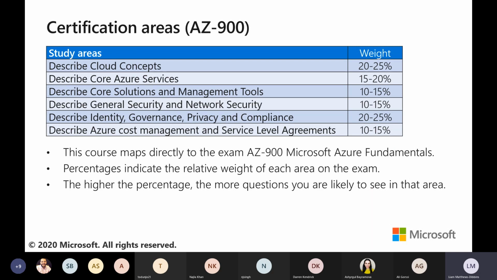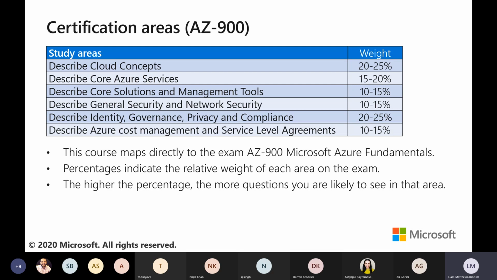Obviously, we've got very basic cloud concepts. We've got a number of different Azure services we need to know about. We are then looking in a bit more detail at networks and security, privacy, and cost management in Azure. So a lot of different topics to cover. Similarly, you'll see how they map in terms of the percentages.